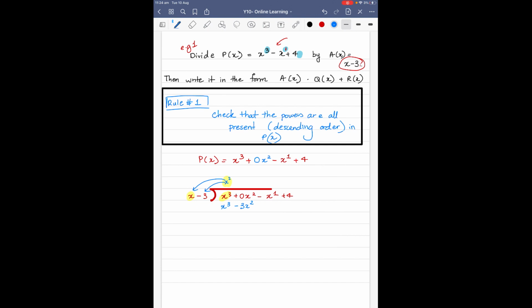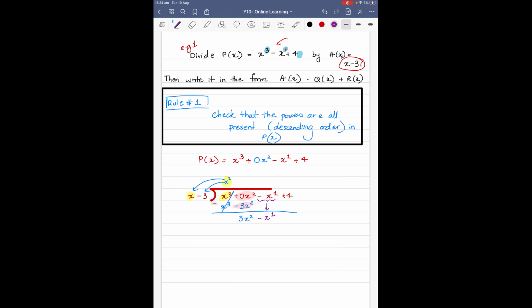Like long division, you want to find your remainder, so we're going to subtract it. This cancels out. Then we're going to have a look here. 0x squared minus minus 3x squared is going to give you a positive 3x squared. Like long division, we are going to bring the next term down, minus x to the power of 1.